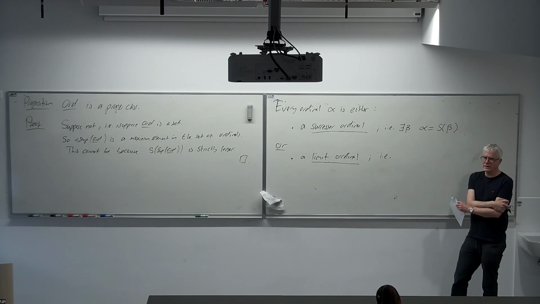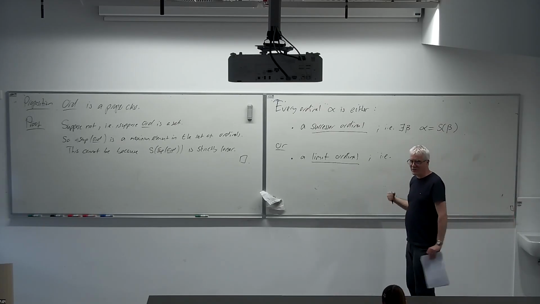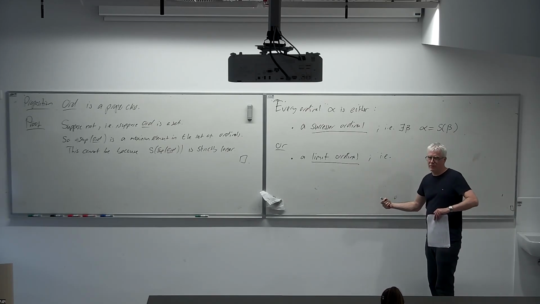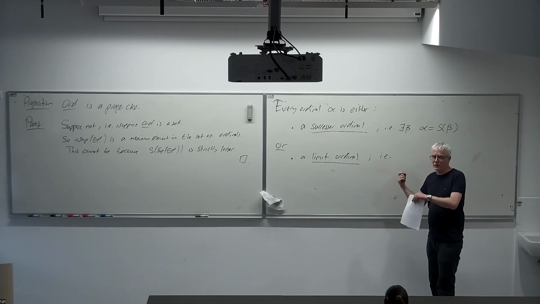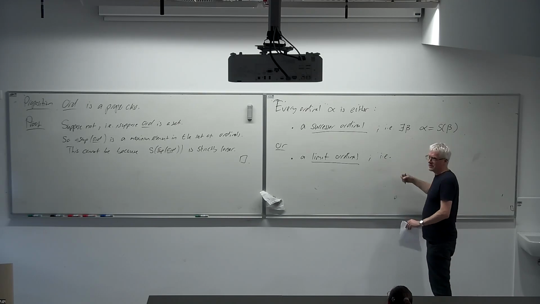How do we define a limit ordinal? Well, one could define it by negating, but we want to define it in an interesting way. Being a limit ordinal means we get it via a supremum operation, but every ordinal is the supremum of the singleton set containing just that ordinal, so we don't want to get it in the trivial way. What we mean is it's a supremum of ordinals strictly below it.